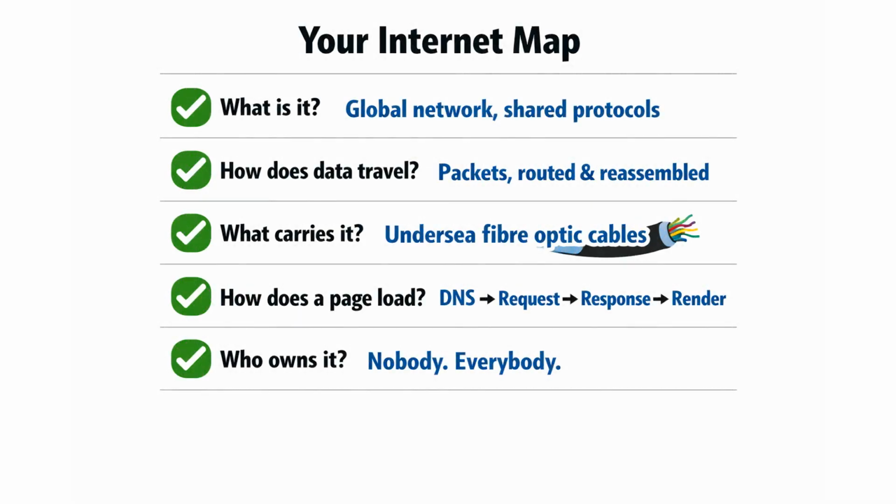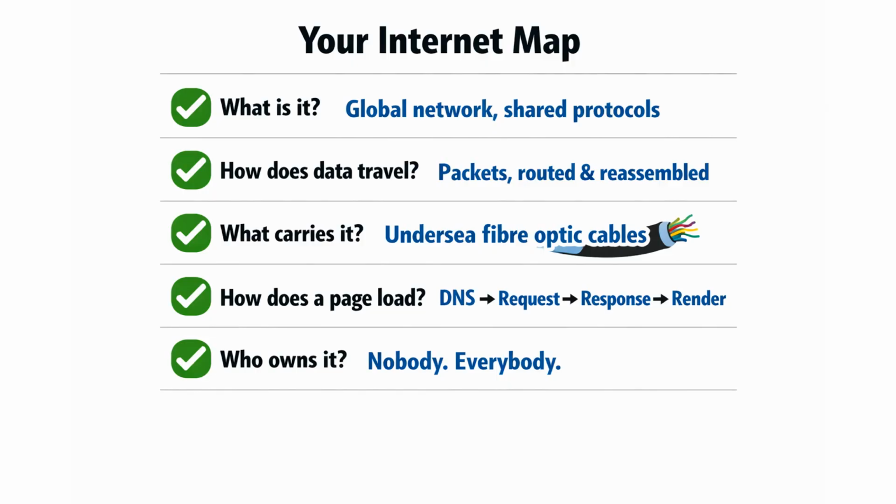All right, let's put it all on the table. What is the internet? A global network of connected devices speaking the same set of rules, protocols. How does data travel? Broken into packets, routed across the network, reassembled at the destination. What carries it?